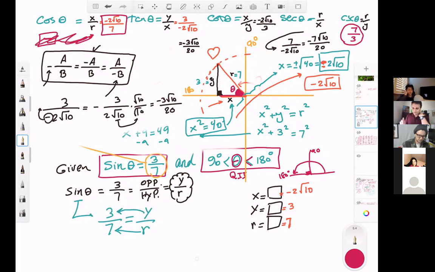We already put the sign for this x. So all the x and y here have their own sign. X is negative and y is positive. So you do not need to worry about the sign of tangent or cotangent. If you put in the exact values for y and x, you will get the right answer. So don't rethink that.